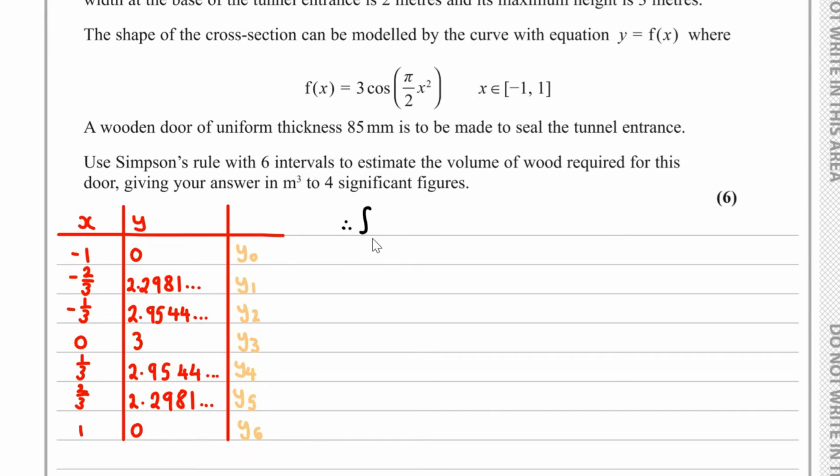the integral from -1 to 1 of 3 times the cosine of pi over 2 times x squared. This is approximately equal to, well, we've got a third multiplied by h, and h over here is 1/3.